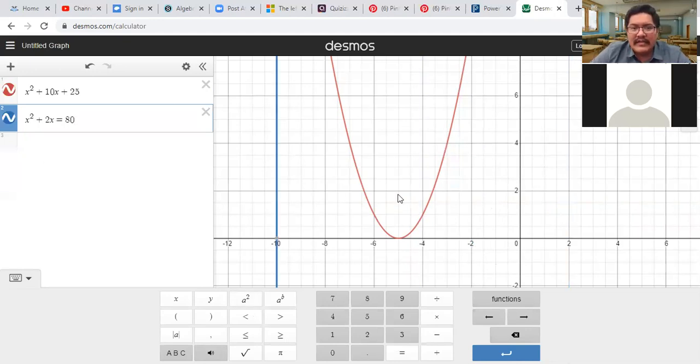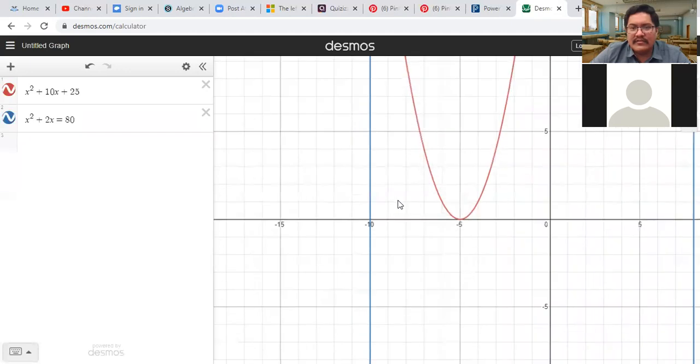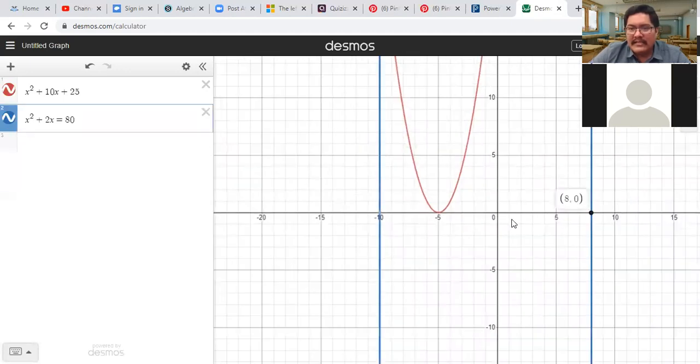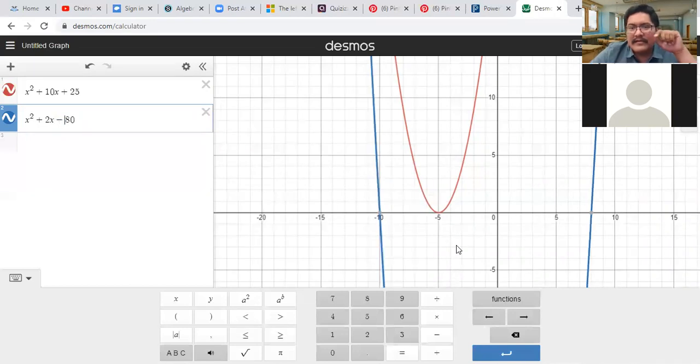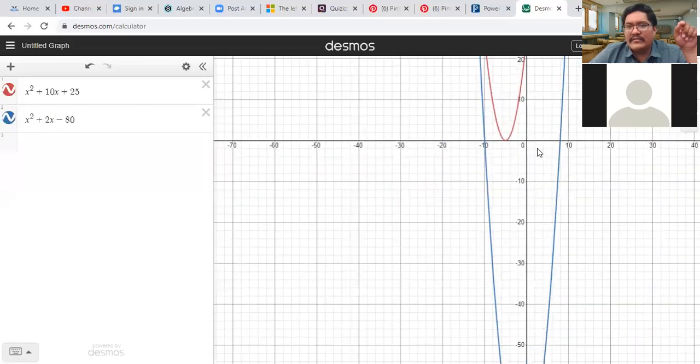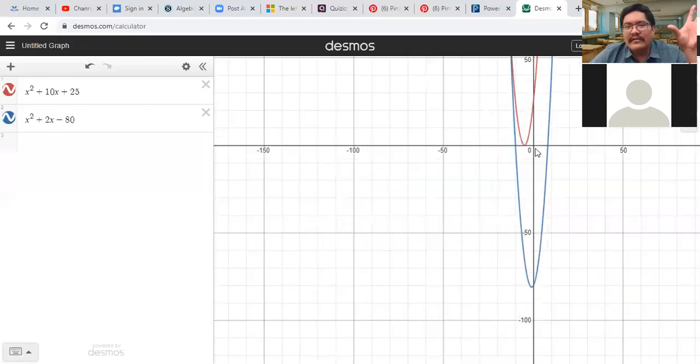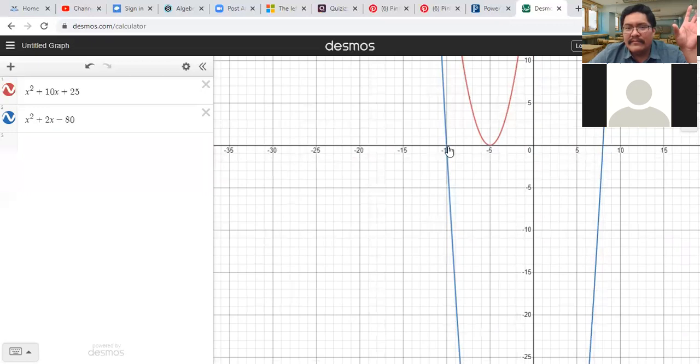The answers to that one were positive 8 and negative 10, which we can see this blue line is going through both of them. Now I'm going to minus 80 from both sides and set it equal to 0. When I do that, it turns it into a parabola. It's a very long, low down parabola, but it still crosses at negative 10 and 8.